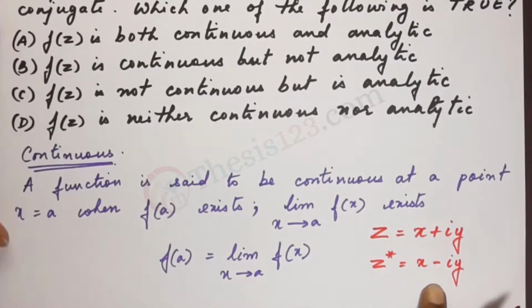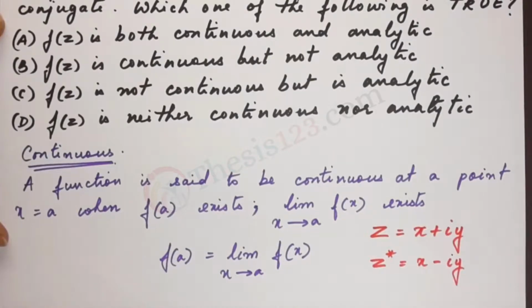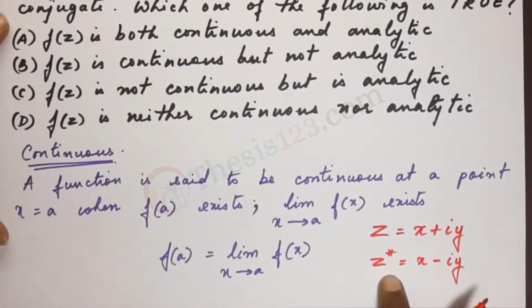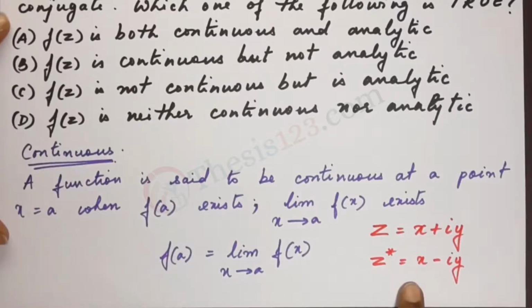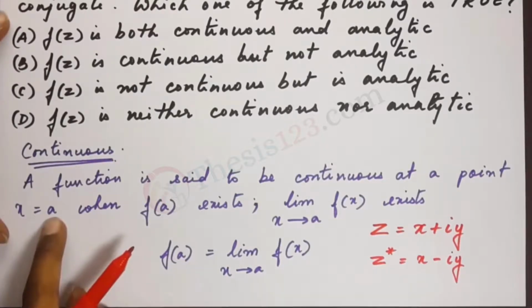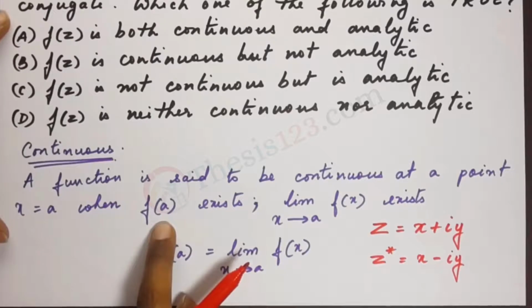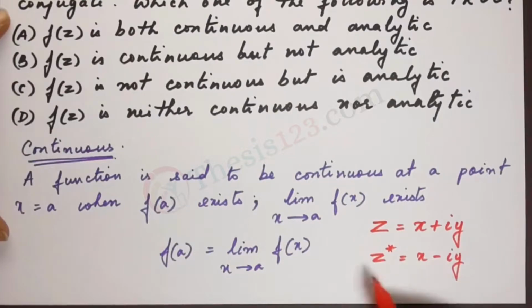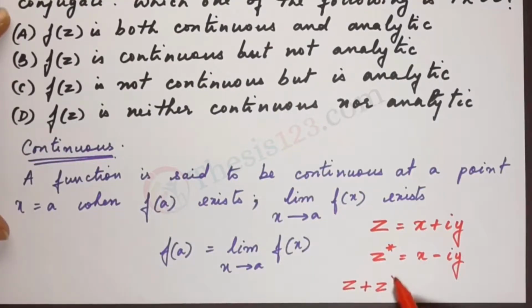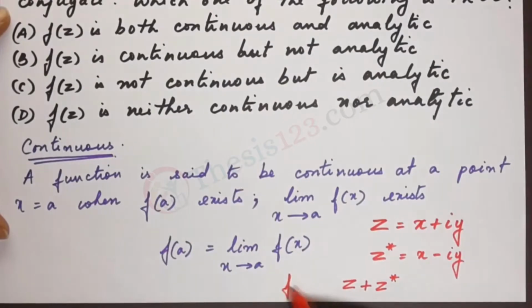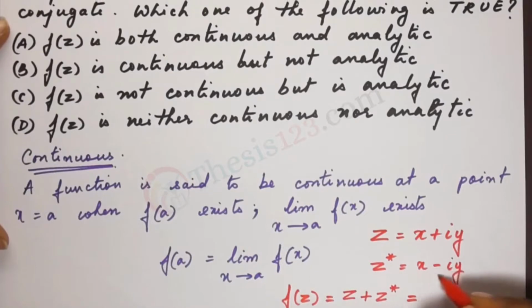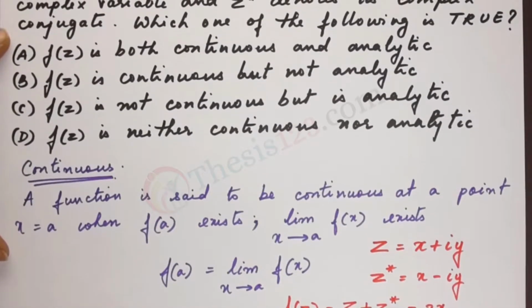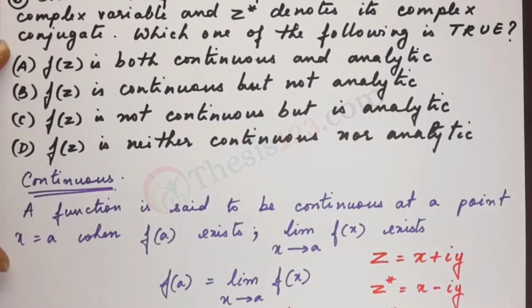This is z's conjugate. So we have z and z conjugate. Now let's take a certain point a. At x is equal to a, we see that f of a definitely exists for both of these terms. If we add them both, z plus z conjugate, since that is our function f of z, we get x plus iy plus x minus iy, which is 2x. Let me just take another sheet of paper and we'll continue here.